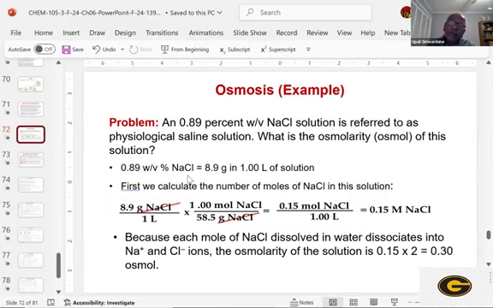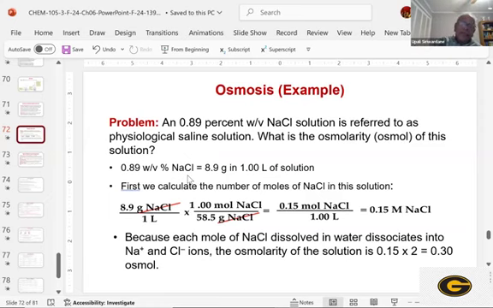Normally 0.89% sodium chloride is the concentration used as a physiological solution, saline solution. This is weight by volume percent.